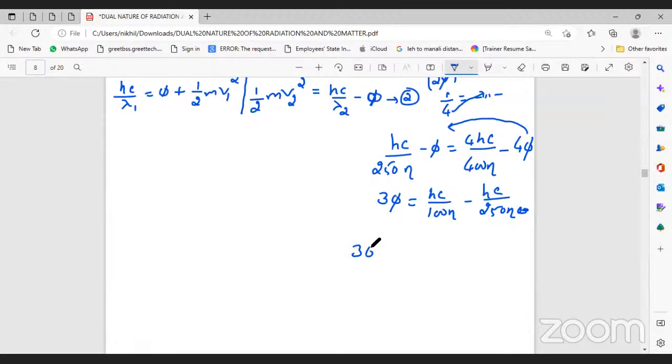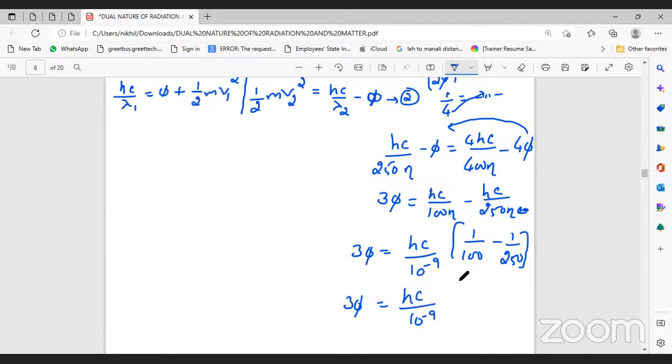So 3 phi. What is the common term? hc divided by nano, that is 10 power minus 9. In the bracket, we'll get 1 by 100 minus 1 by 250. Take out the LCM and simplify. So 3 phi is equal to hc by 10 power minus 9. What's the LCM between 100 and 250? You can take 500. So this will be 5 minus 2, which is 3.